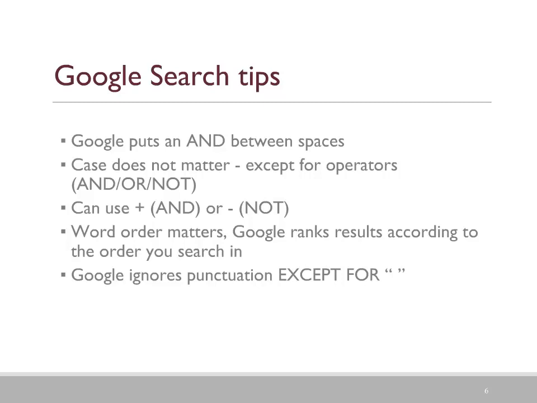Word order does matter, as Google ranks according to the order you search on. For example, economy, load shedding, impact. If you change that word order, so will your results differ. And lastly, Google also ignores punctuation except for your inverted commas.